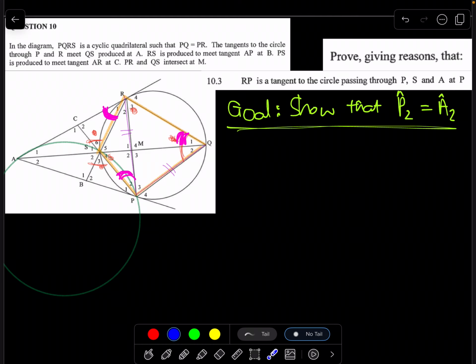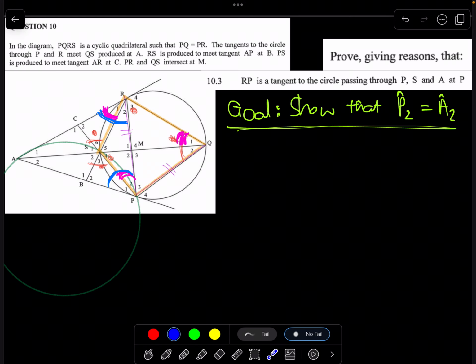Okay, we know that this whole angle here is equal to this whole angle over here because these two sides are equal.